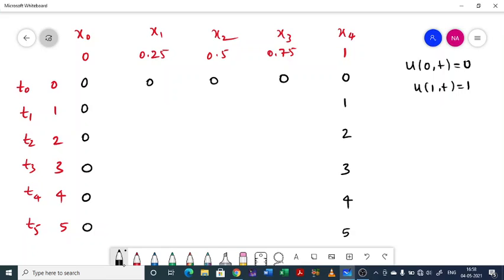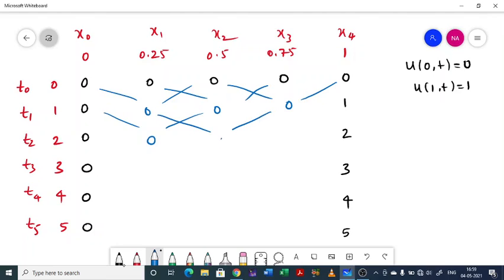So next, these values you have to write. This will be the average of these two, 0. Average of these two, 0. Average of these two, 0. Average of these two, 0. Average of these two, 0. Average of these two, 0. Average of these two, 0.5. Next, this entry, average of these two, 0. Average of these two, 0.25.